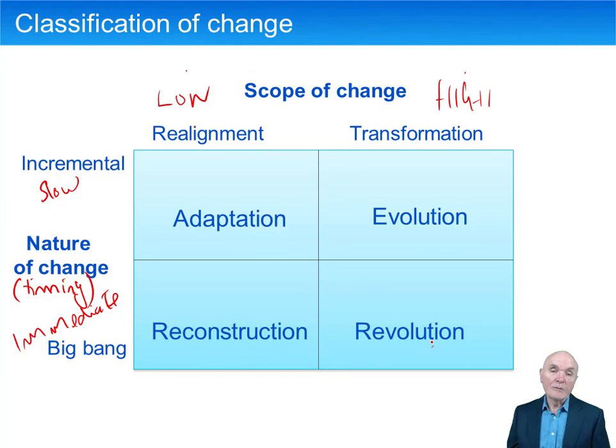The one that I don't really have a particular way of remembering is reconstruction. Reconstruction is going to happen quickly, but it is more limited. You can think of it, if you like, as maybe one of your factories has a fire. It's only affecting that factory, not the rest of the business, and we have to fix it up pretty quickly. So we have to reconstruct our production capacity.